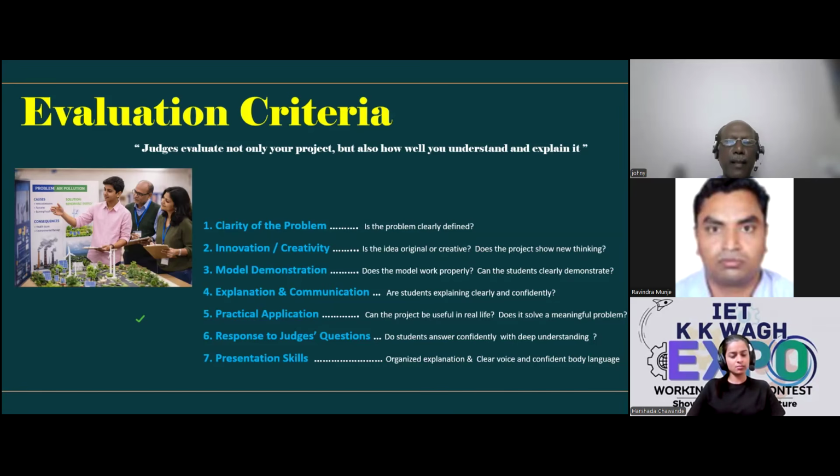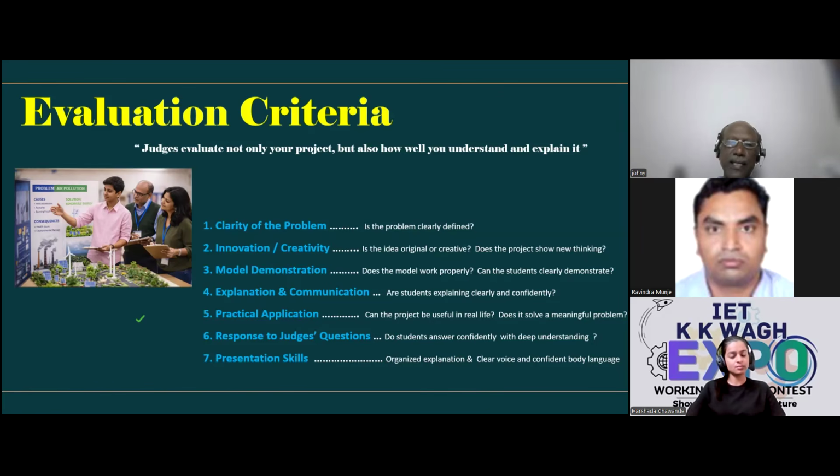So there are 2 points in this slide. Judges not only evaluate your project, they also evaluate how well you understood your project and how well you explain it to the judges. So all the three put together gives the final scoring.